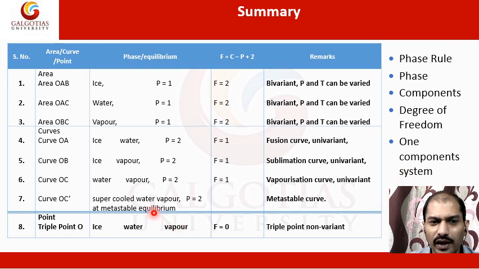And like super cooled water and vapor at metastable equilibrium, where the phase will also be 2, but that will be called a metastable curve. But this is very unstable, if there is any change in pressure or temperature, this metastable curve will change. So this is very important. So triple point, as we already know, is non-variant. So degree of freedom will become 0 at that particular point.